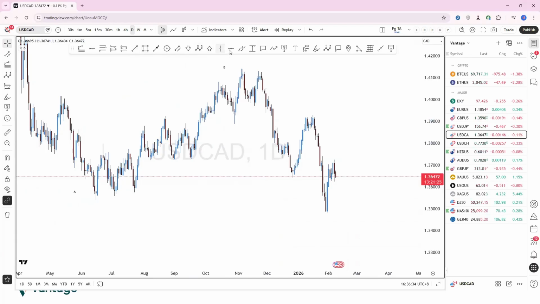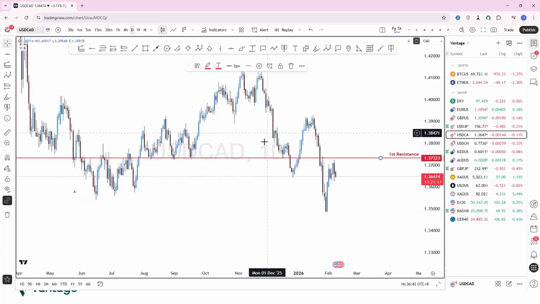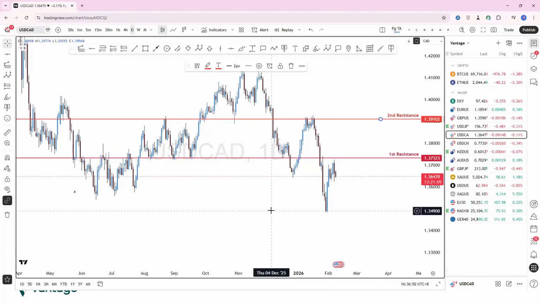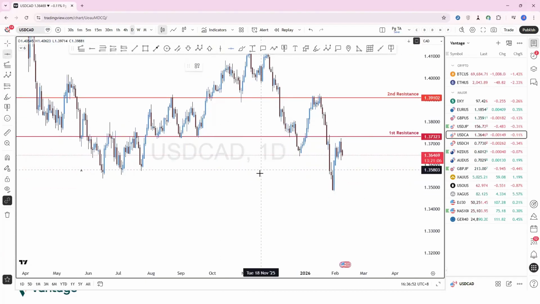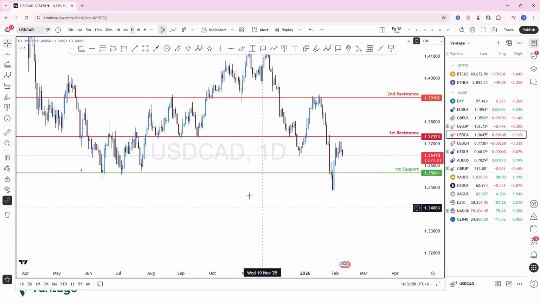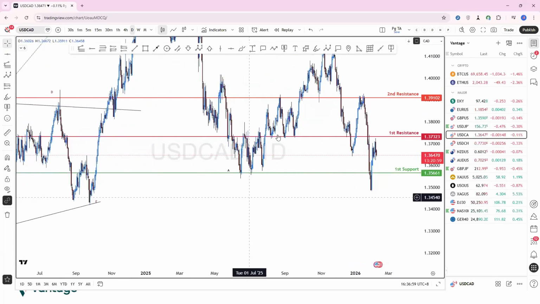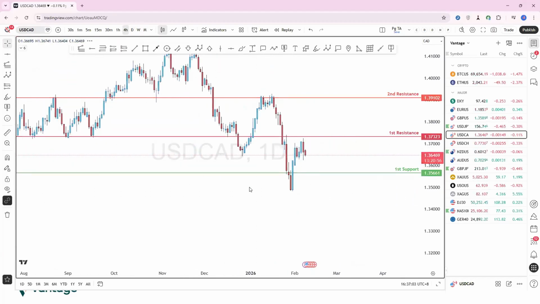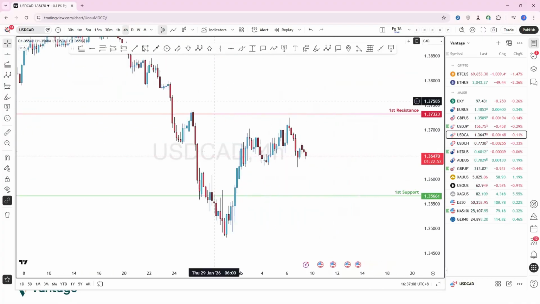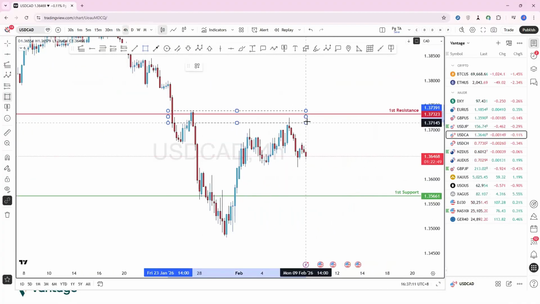So right now on D1, the first resistance I would put here, second resistance here, first support here. And we have a big OB there. And this is our sell zone.